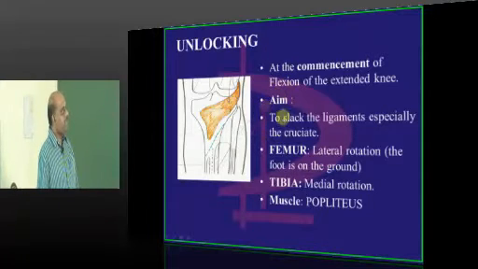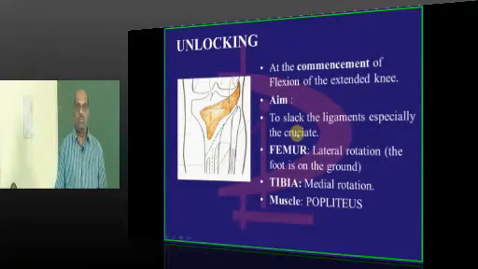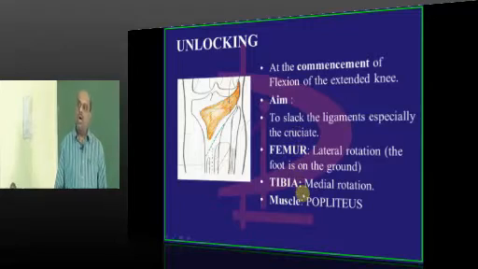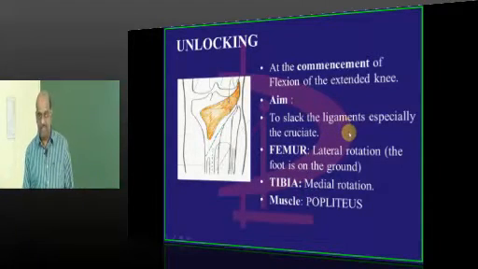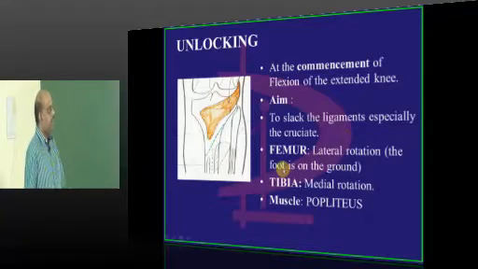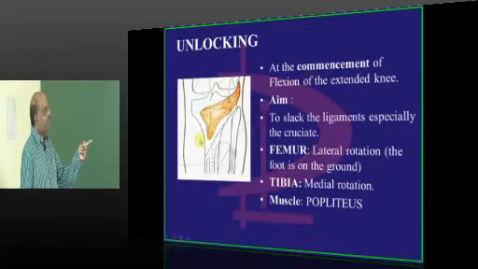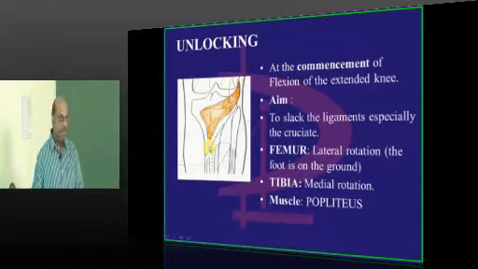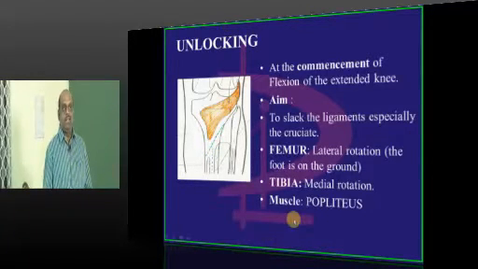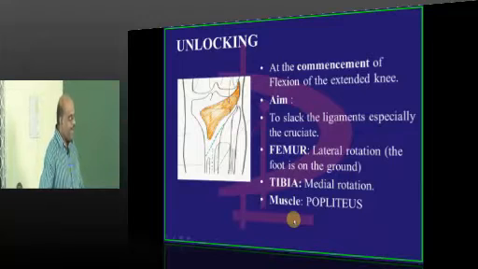The main aim is that unlocking will enable the slackening of the cruciate ligaments. Then during unlocking, whenever we are flexing an extended knee, what will happen?